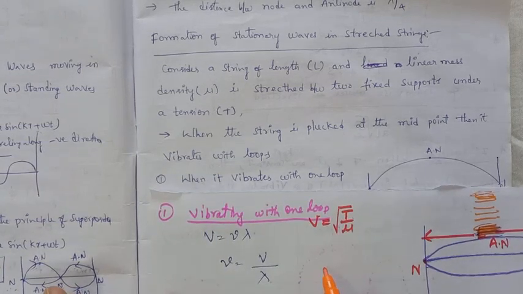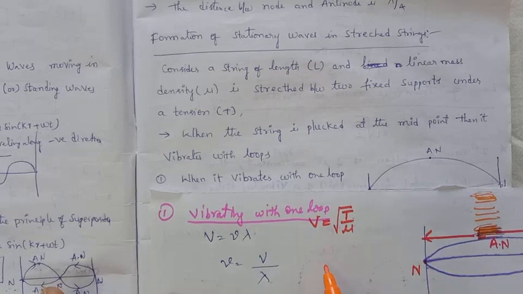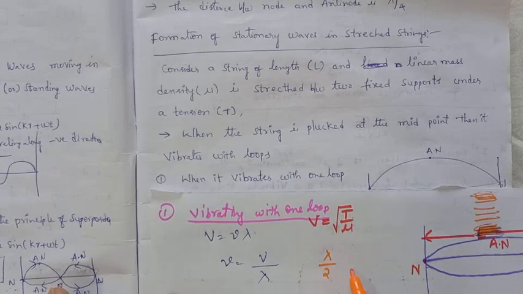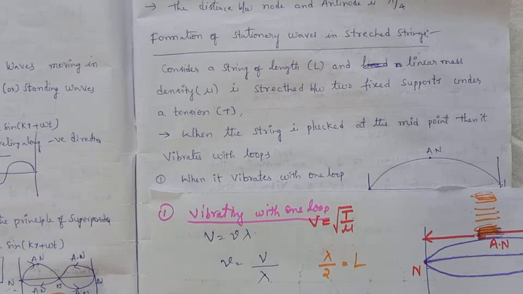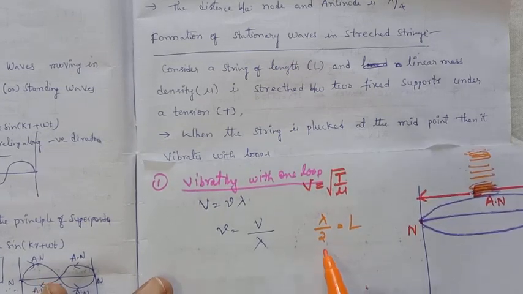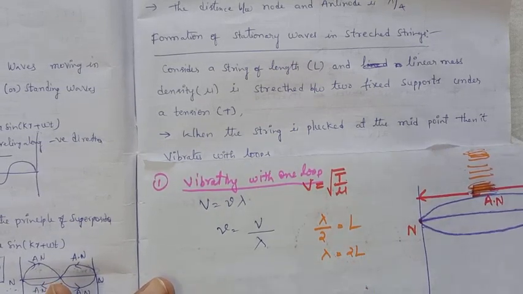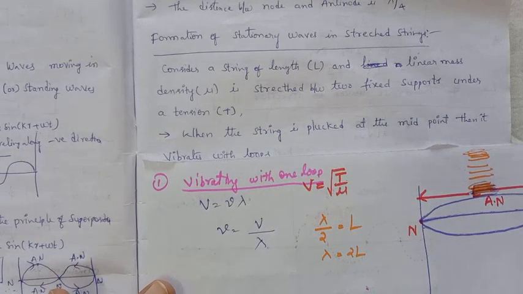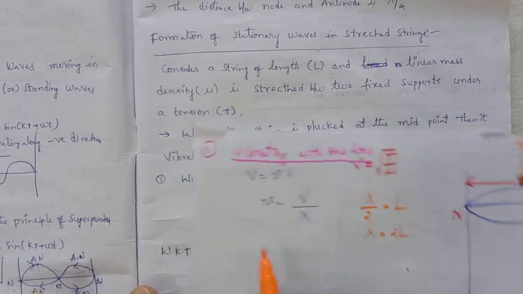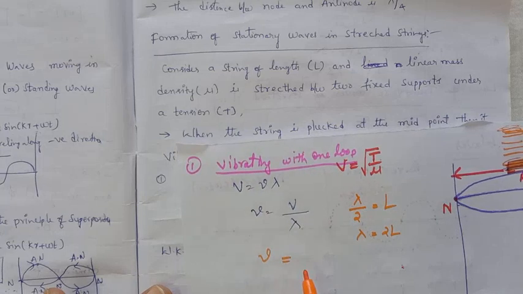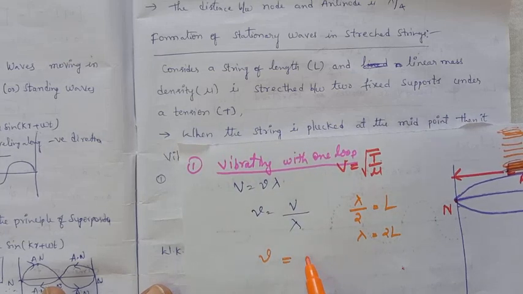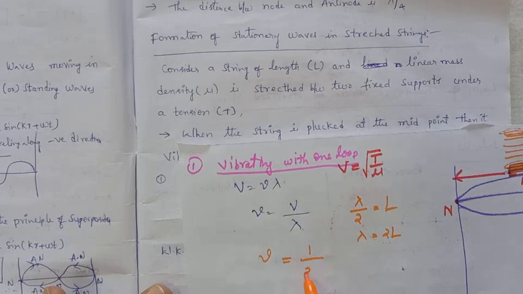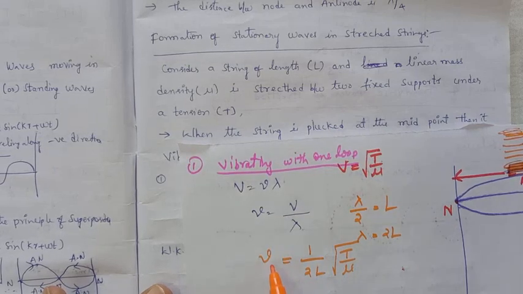Lambda by 2 is equal to L. Then lambda is equal to 2L. So substitute this, and nu is equal to 1 by 2L times under root of T by mu. This is for when it is vibrating with one loop.